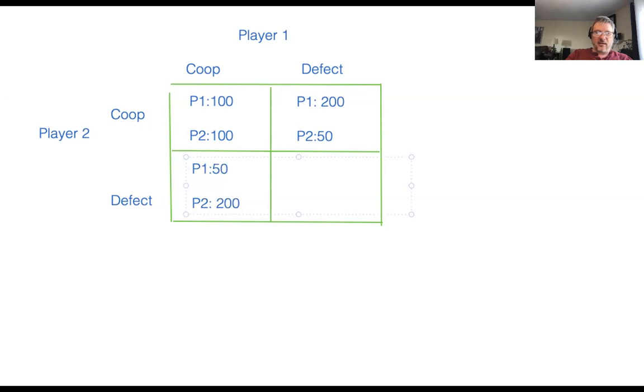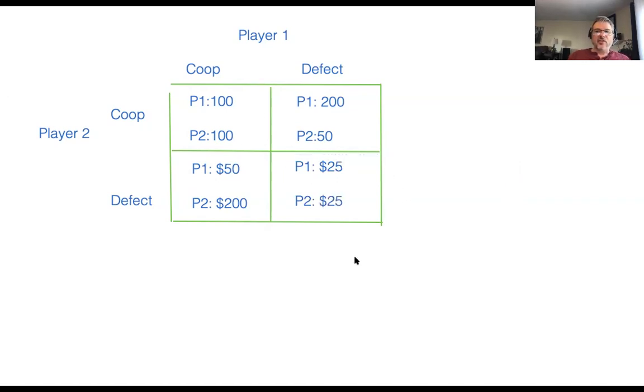And we can put these things in dollar terms. And then if they both are producing a whole lot, then they both suffer a low price, and their profits are really bad.